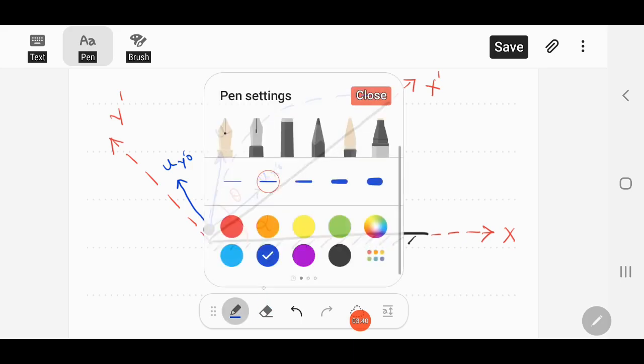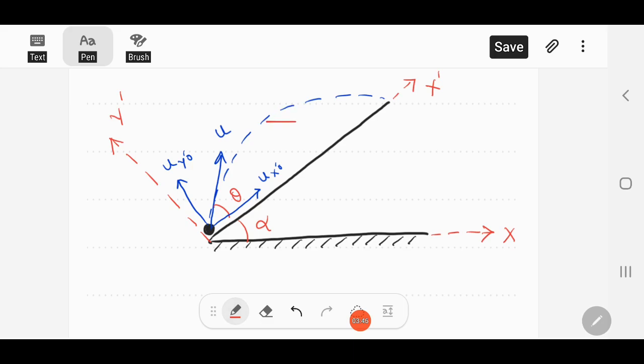Now let's define some of the terms here. This is the maximum point with respect to this horizontal. If we consider this height to be our maximum height, we name it H. And if we consider this x dashed as our horizontal, then the distance between the end point and the starting point, we name it R, that is the horizontal range.